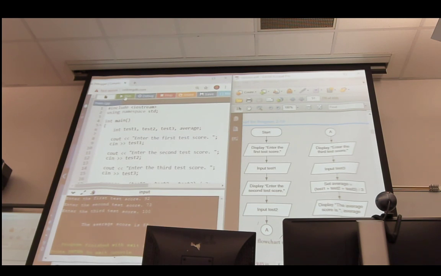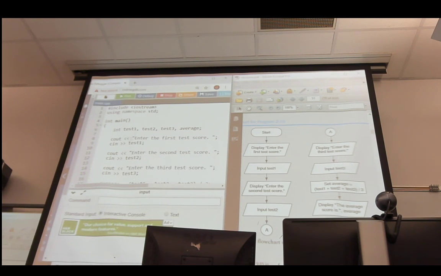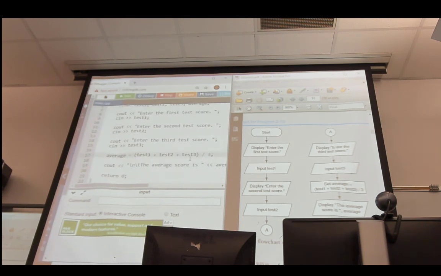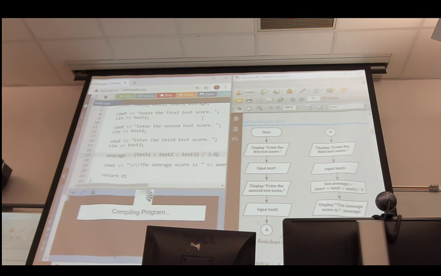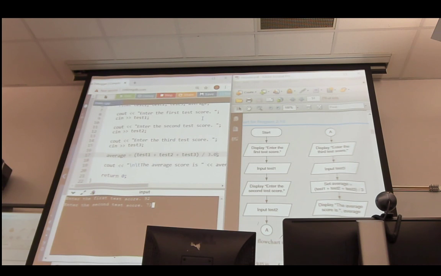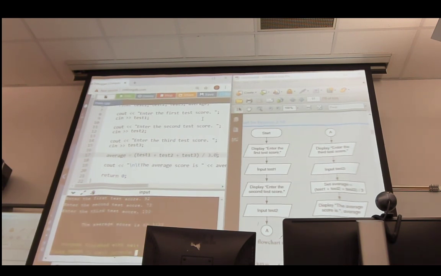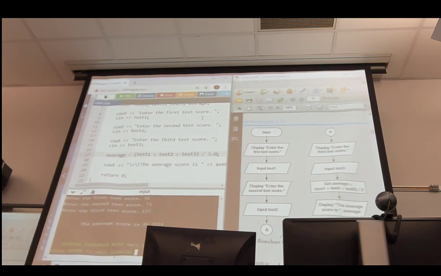Right? So now check this out. If I made everything, and we use 92, 73, 100. Okay. So if we go over here and make this float, all right? And we divide this by 3.0. Okay? Now when we run this, 92, right? 73, right? 100. See what the actual average was? 88.33, right?